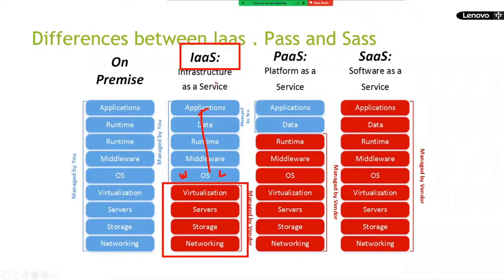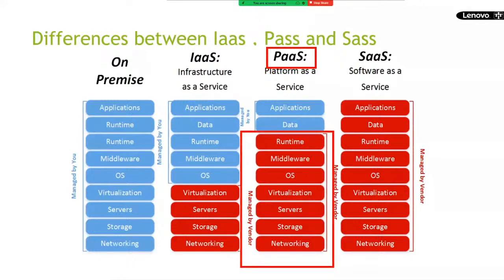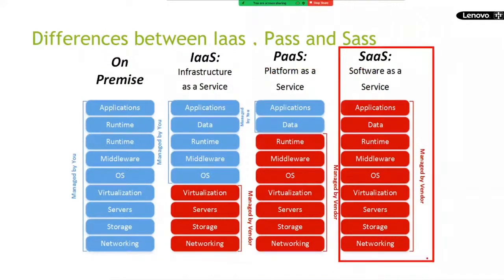Next, PaaS, Platform as a Service. Everything is taken care of by the vendor. You need to take care of your application, maybe .NET, Java, PHP, Python, Ruby. That totally depends on your project requirement. That is PaaS.